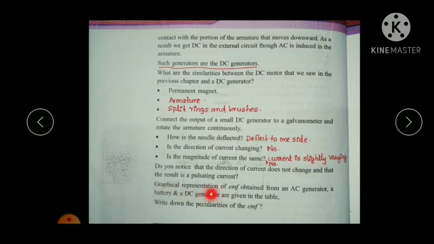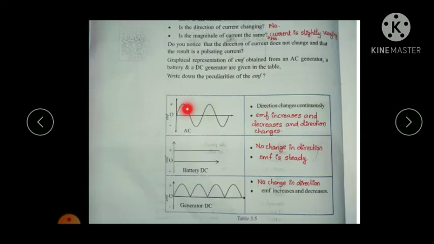The graphical representation of EMF obtained from an AC generator, a battery, and a DC generator are given in the table. See, this is the graphical representation of EMF obtained from an AC generator, DC generator, and a battery. So in the AC generator, during every half rotation, the direction of current changes. So we will get a graph like this.